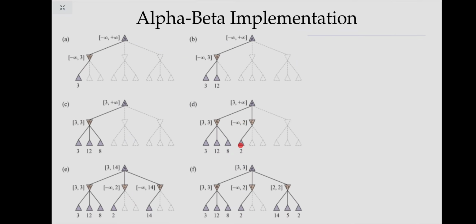Again we update beta, and beta equals 2. The max player above checks the accessible utilities 3 and 2, because 3 is better than 2.